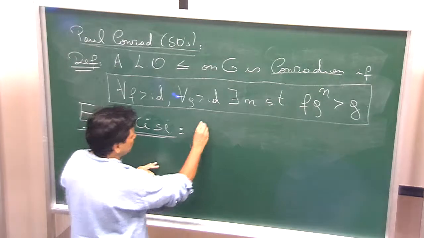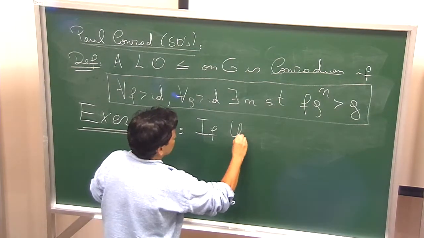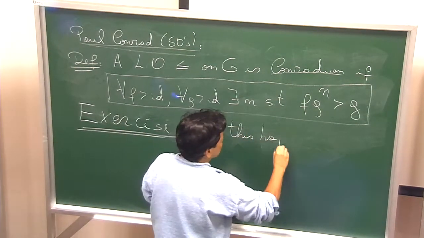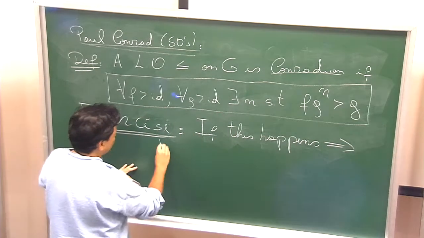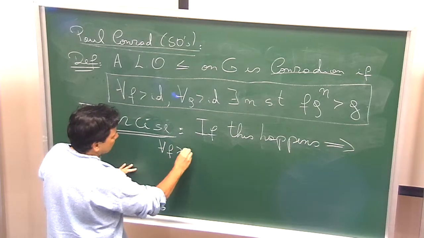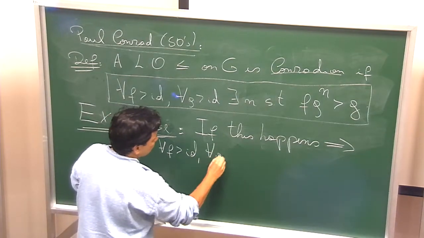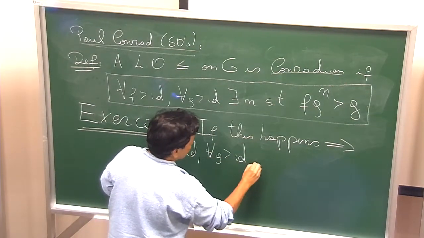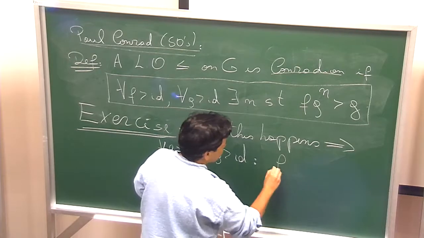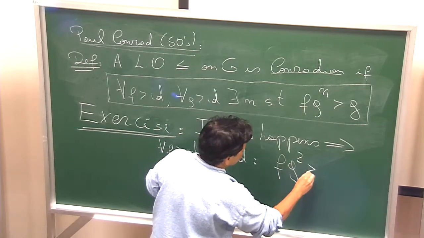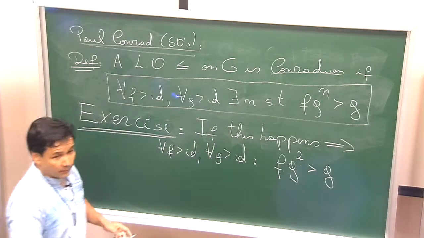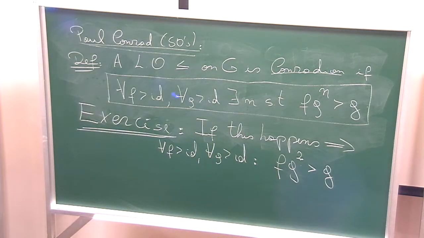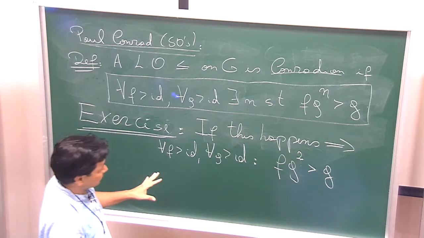If this happens, then for every f and for every g which are larger than the identity, one has f g squared is larger than g.